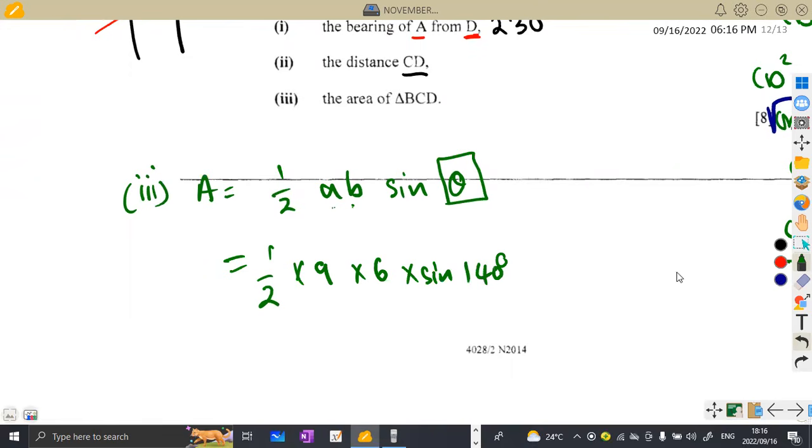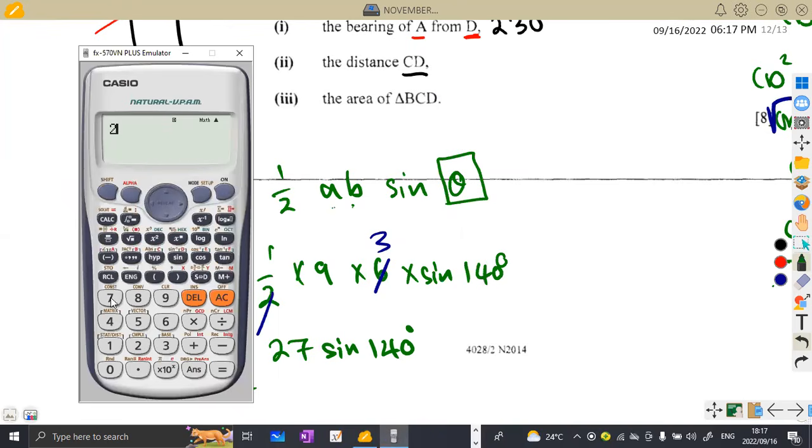Okay, so that's it. You can reduce 2 into 6, that is 3. So we can multiply the 2 here, which is going to give us 9 times 3, that is 27 sine 140 degrees. Okay, so on your calculator, this can be simplified, guys. 27 sine 140 degrees.